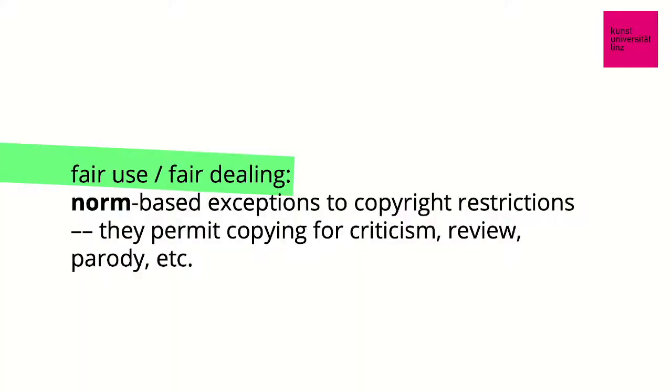For example, almost everywhere in the world, the concepts of fair use and fair dealing actually form exceptions to copyright restrictions. And they are designed to allow creative practices of copying and sharing and reusing for all kinds of purposes, such as criticism or parody.